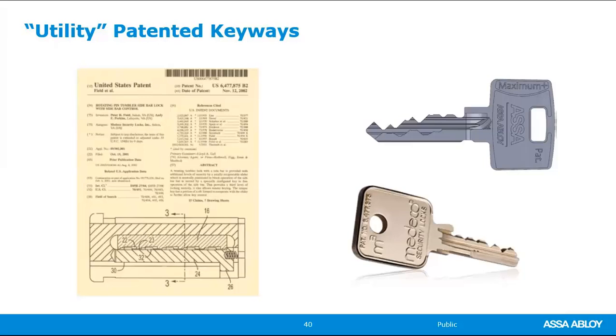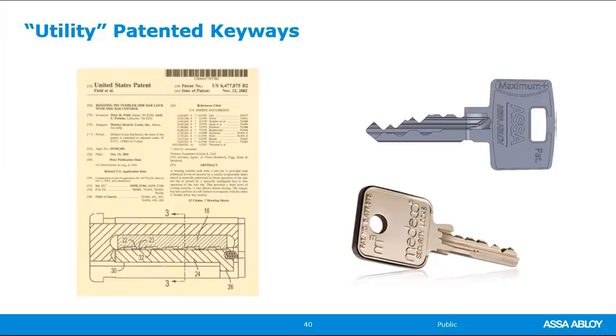Now, there are two types of patents, a utility and a design. The design patent will not hold up in court. The utility patent will, but it requires something of a key. You see, the US Patent Office, many years ago, decided they are not going to issue a utility patent on a key blank anymore.